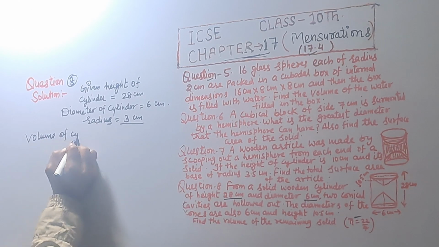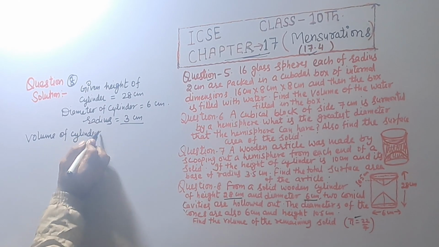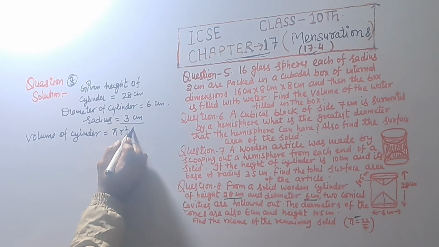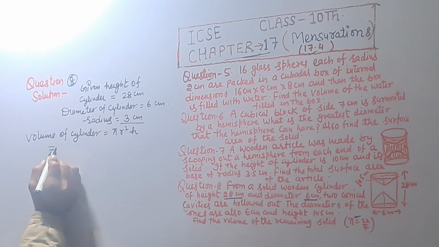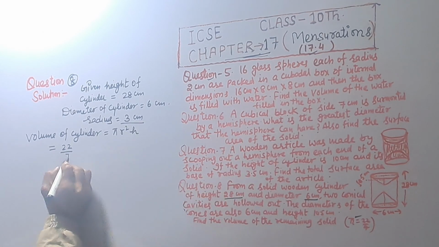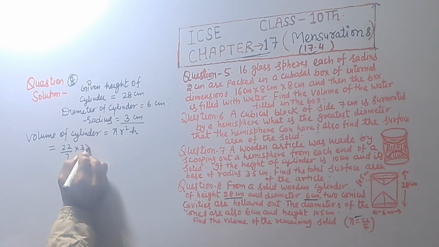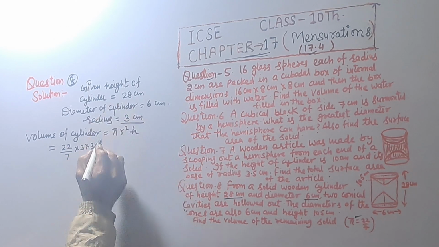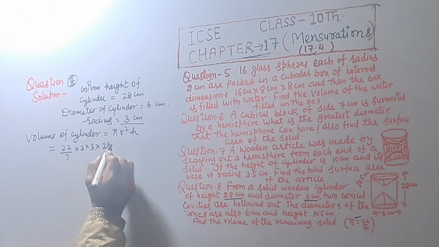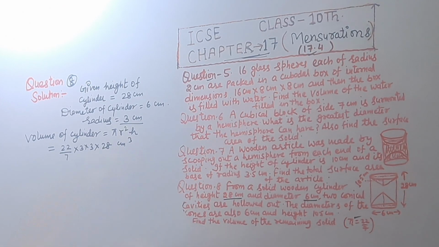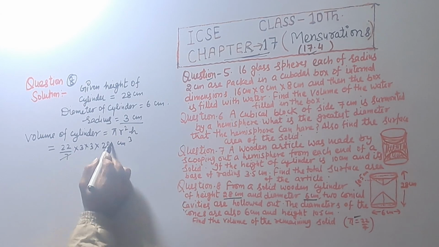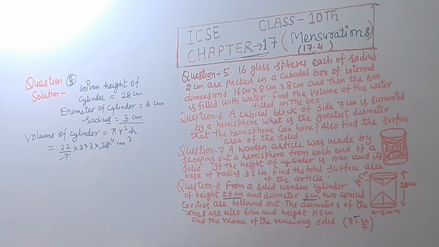Volume of cylinder is equal to pi r square h, that is pi, we are taking pi is 22 upon 7 into radius is 3 into 3 and height is 28 centimeter cube. 7 4s are 28.